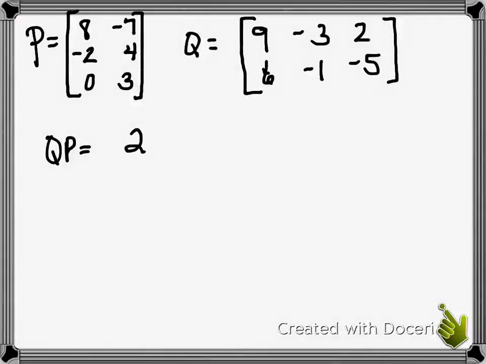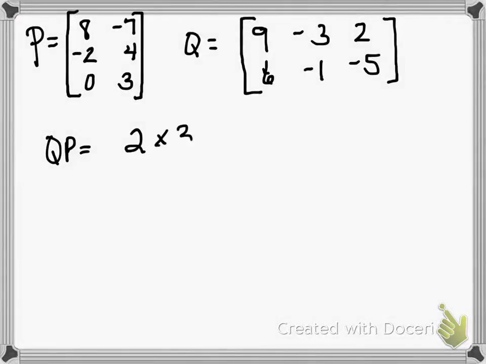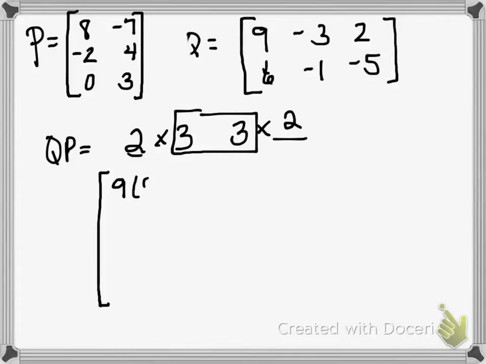This time I'm going to have a 2 by 3, and I'm going to multiply it by a 3 by 2. So the end result this time should be a 2 by 2. 9 times the 8 plus the negative 3 times negative 2 plus the 2 times the 0.